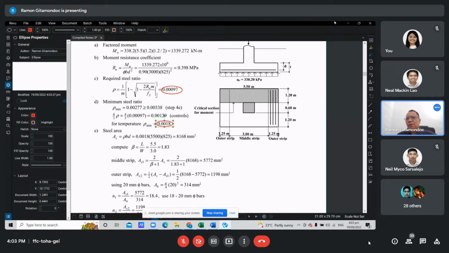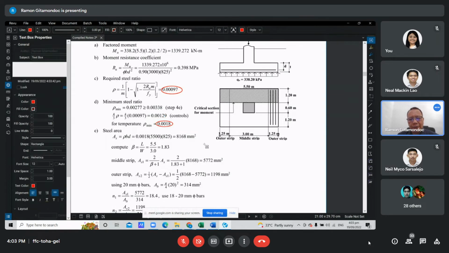So the requirement for temperature steel, Ast, is 0.0018 times b t. Not b d, but rather b t, whereas for flexure you have rho b d. Just try to verify which is larger.